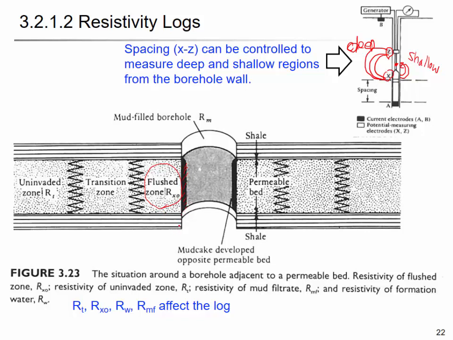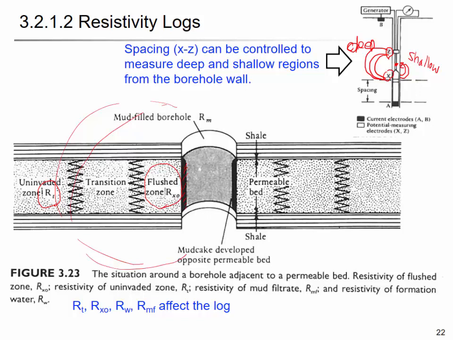But if you increase the spacing and measure the electrical potential, then the current can flow to the deeper region. So you're measuring the formation resistivity, the original resistivity of the formation.